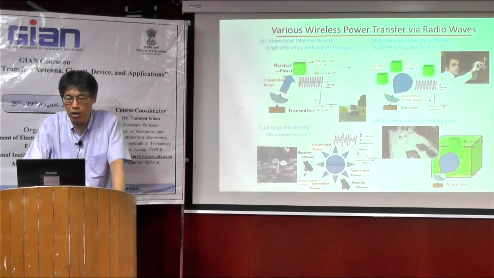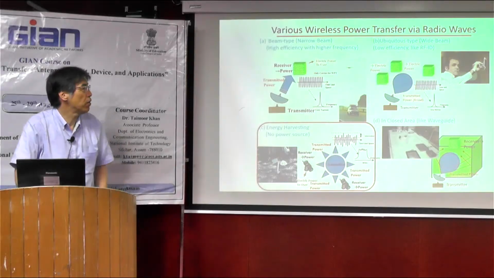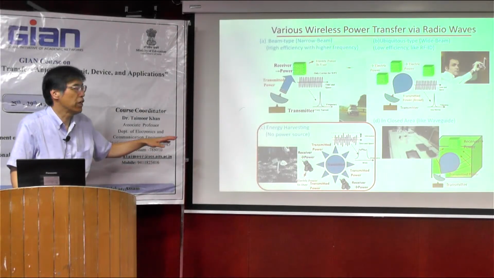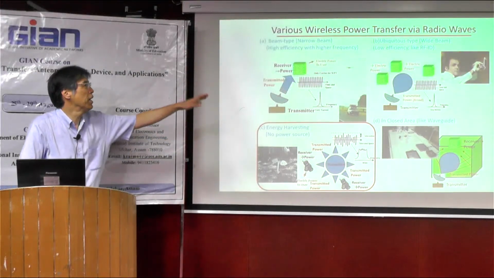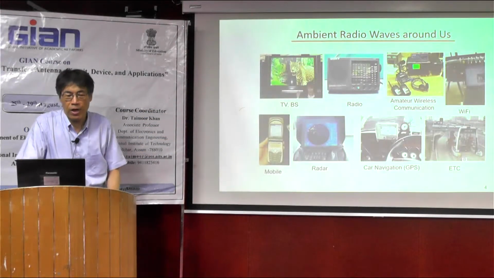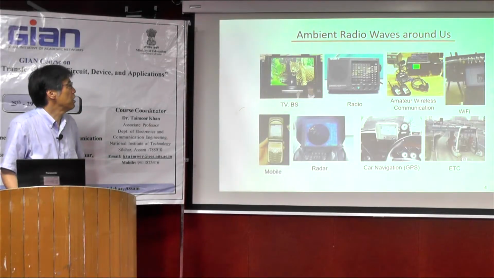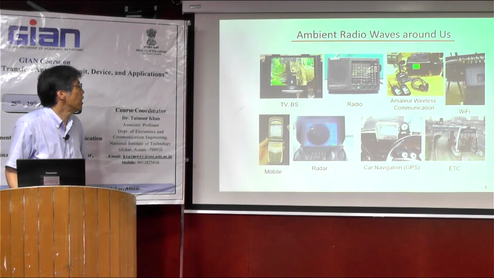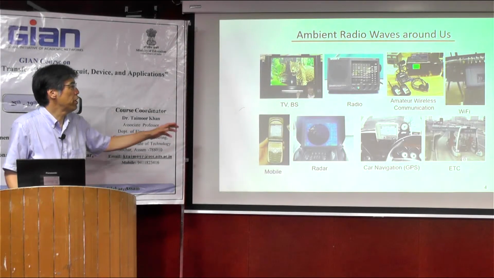As I mentioned again and again, in this talk, I mainly focus on energy harvesting. Of course, additionally, it involves ubiquitous wireless power transfer. And this is a typical ambient radio wave around us: TV, radio, amateur wireless communication, Wi-Fi, mobile radar, GPS.